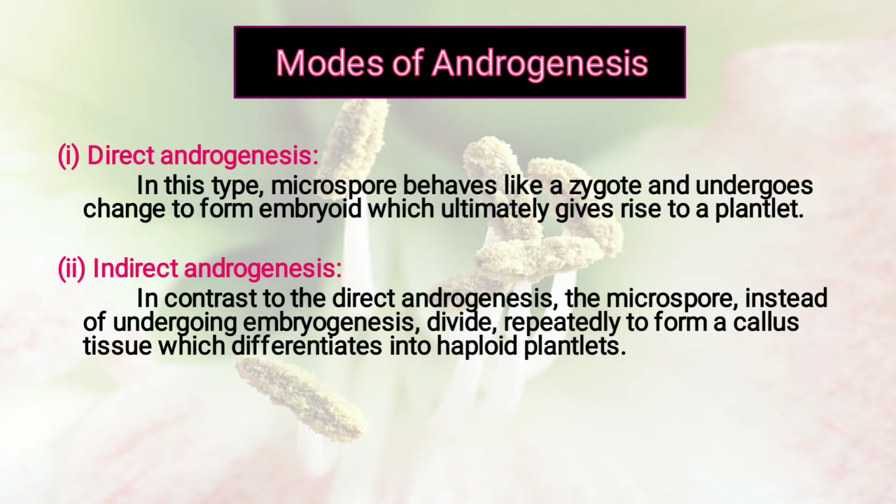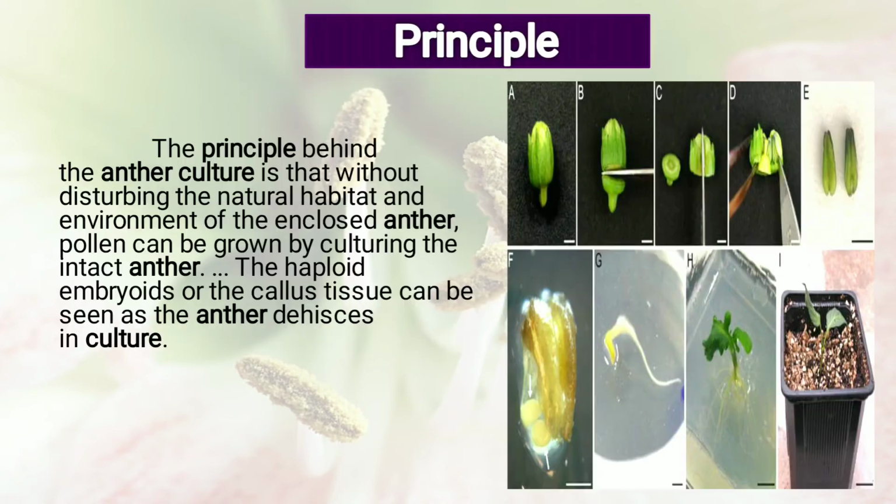In indirect androgenesis, in contrast, the microspore, instead of undergoing embryogenesis, divides repeatedly to form callus tissue, which differentiates into haploid plantlets.